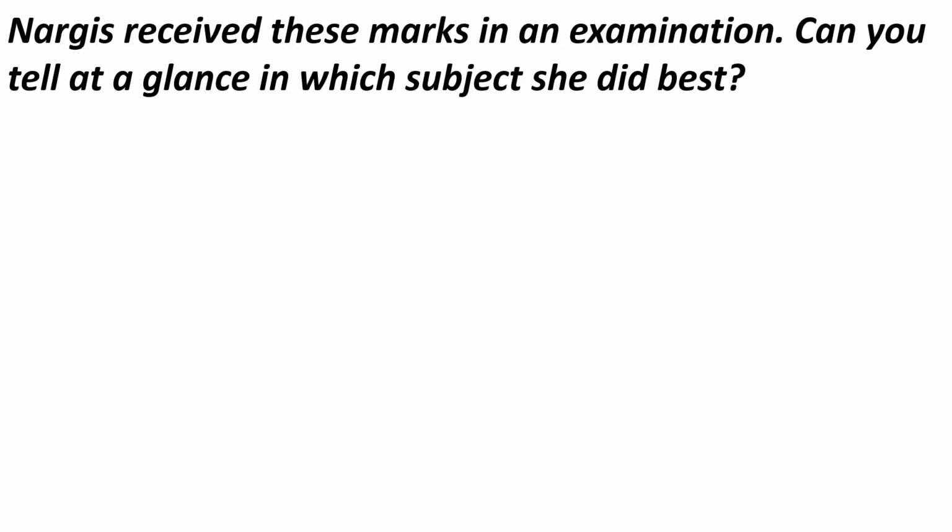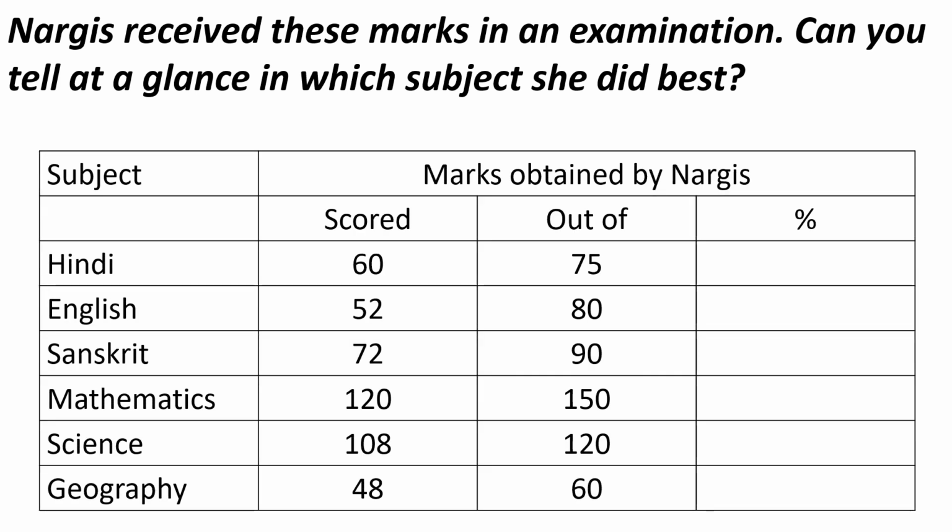See here, Nargis received these marks in an examination. Can you tell at a glance in which subject she did best? Now here are the marks of Nargis. In Hindi, she scored 60 out of 75, meaning the total marks for the Hindi examination is 75 and she scored 60. In English, 52 but out of 80.